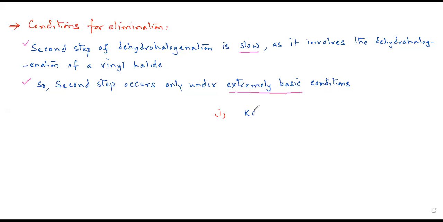Even in these two, KOH is a bit lesser basic compared to sodium amide. So with KOH, we go for a higher temperature because it is a less basic one when compared to sodium amide. We can go for fused KOH or alcoholic KOH at a temperature of 200 degrees centigrade.